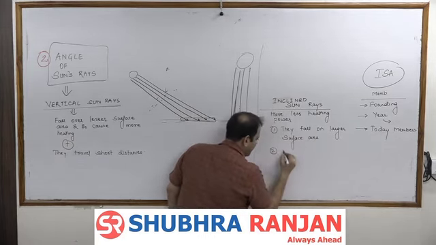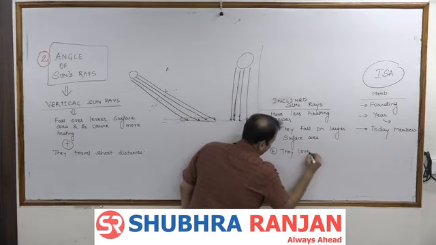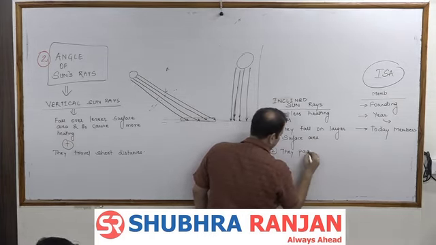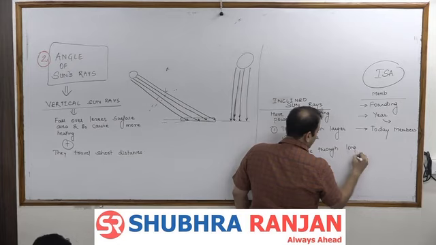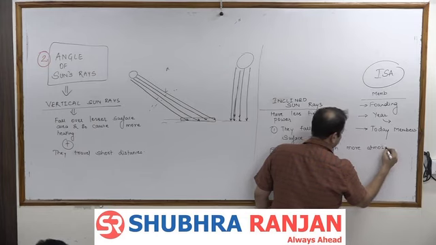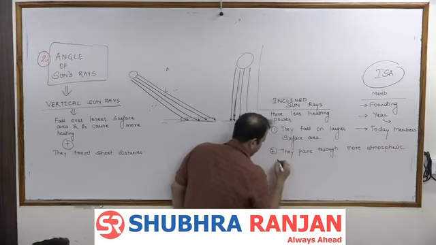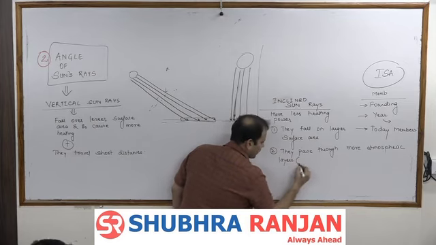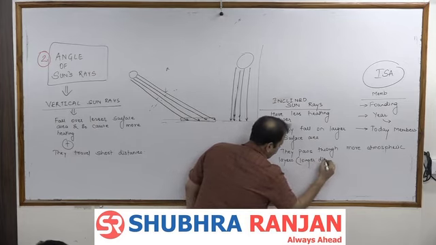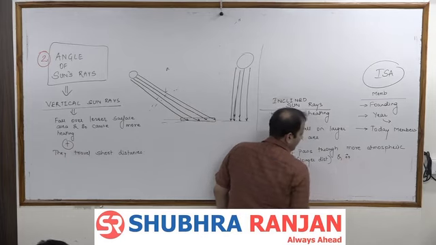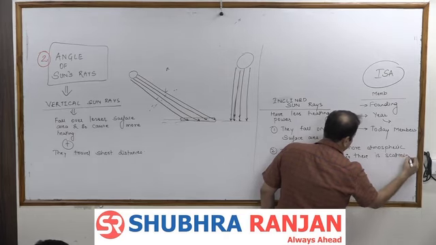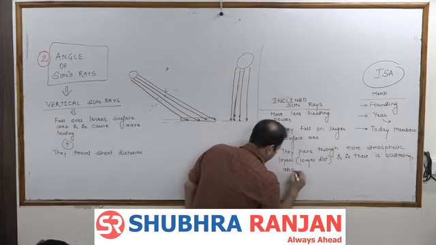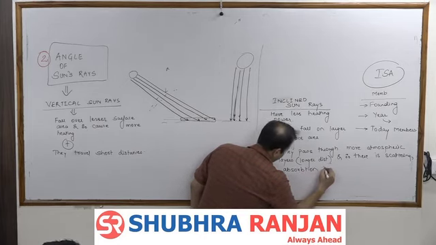And second, they pass through more atmospheric layers, it is a longer distance, and therefore there is scattering, absorption, reflection, etc.